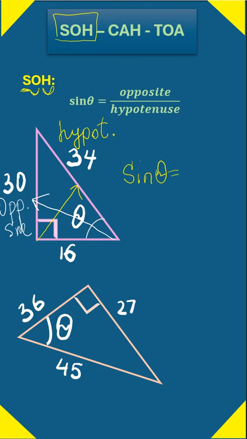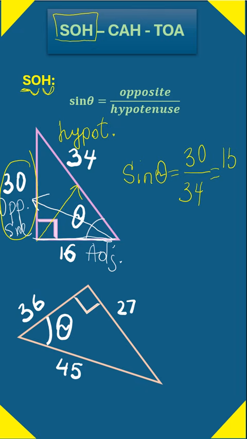The side that touches the given angle is the adjacent side. Now we remember the definition. Sine theta is the opposite side divided by the hypotenuse. Opposite side 30 divided by 34. We can cancel out 2 and we have 15 divided by 17.